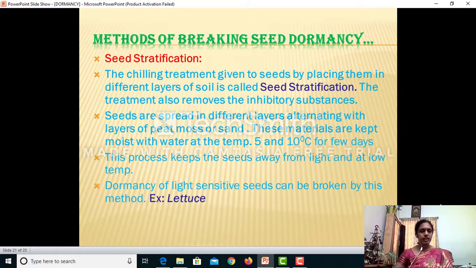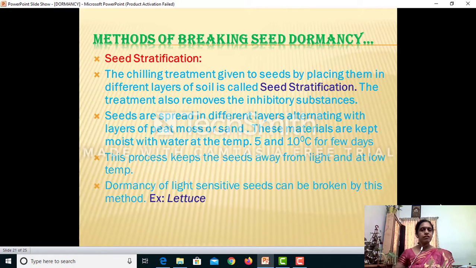Seed stratification. Here several layers of soil or soil-like material are used. The chilling treatment given to seeds by placing them in different layers of soil is called seed stratification. The treatment also removes the inhibitory substances.